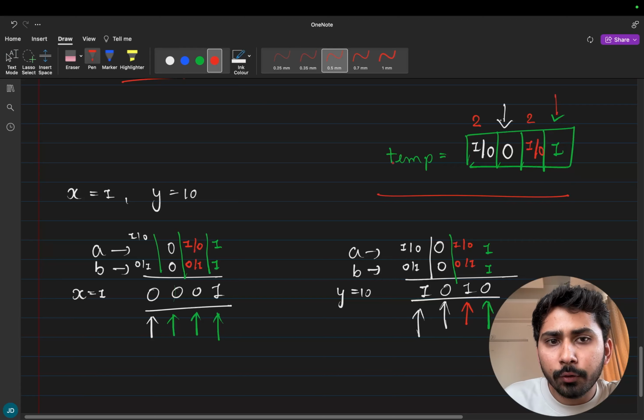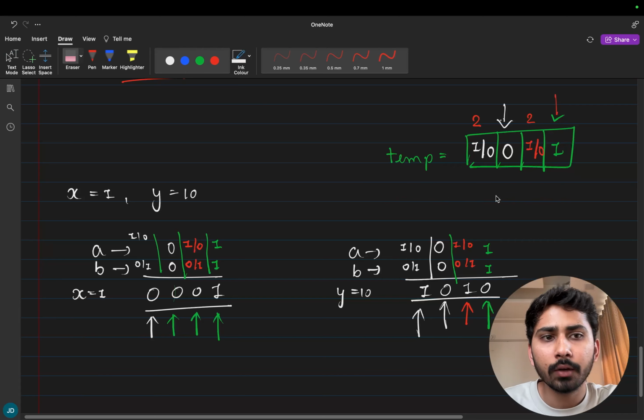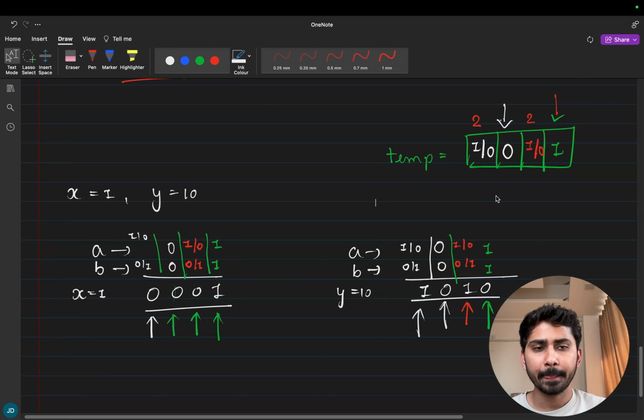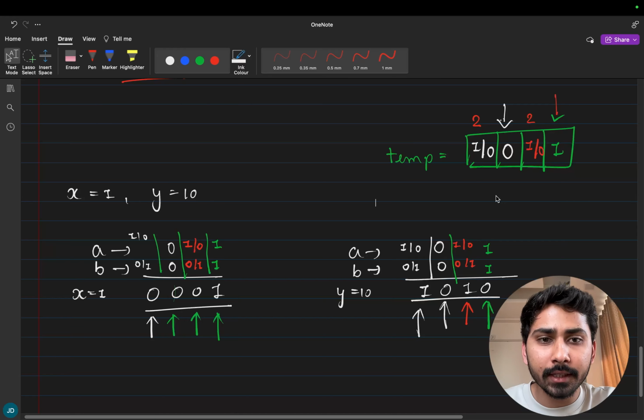So for all the 4 positions, I have calculated what the different possibilities are. What are the positions where I can have either a 0 or a 1, and the positions where I can have a fixed bit, that is a set bit. Okay, so how many numbers can we generate?